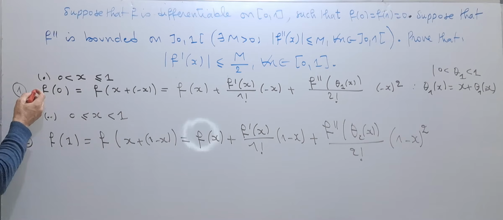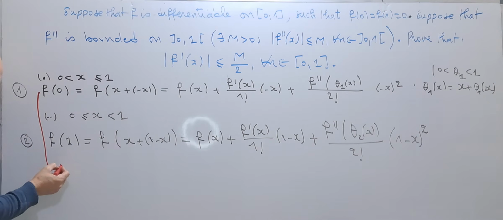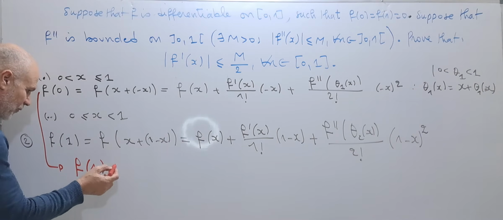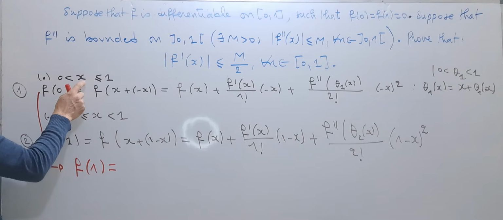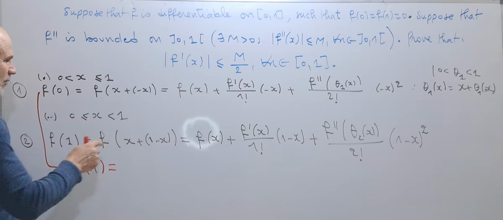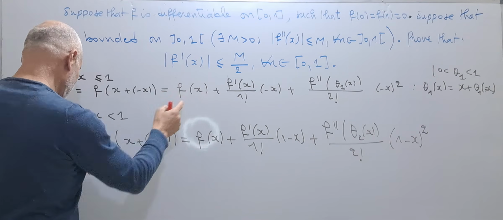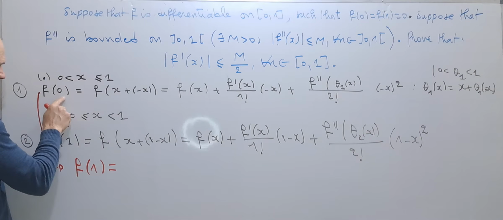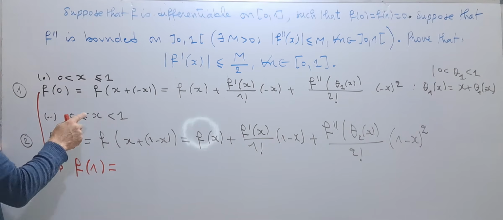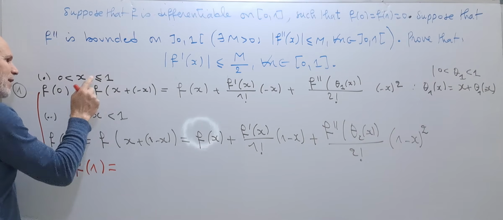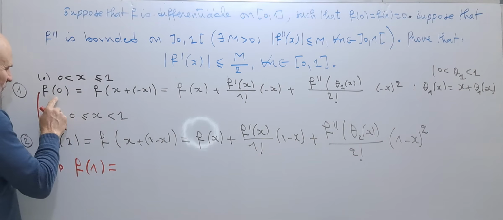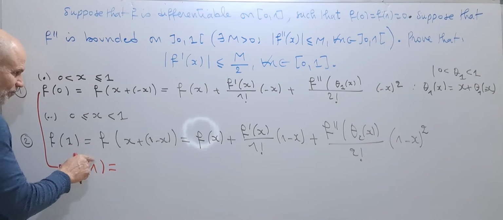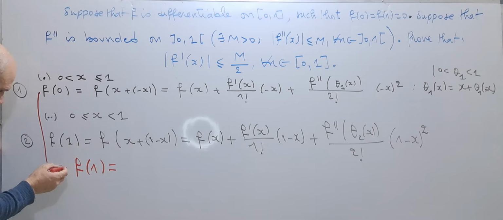From the first formula, we take x equal to 1, so we will get f of 0 equal to f of 1 plus minus 1, and f of 0 is equal to 0.